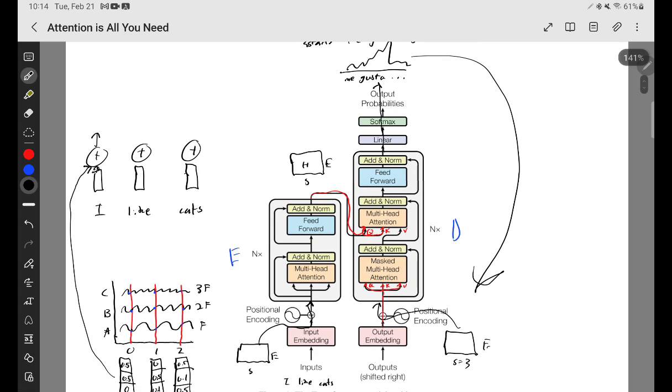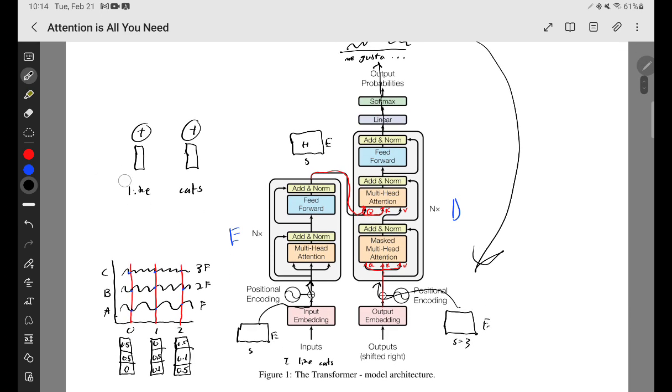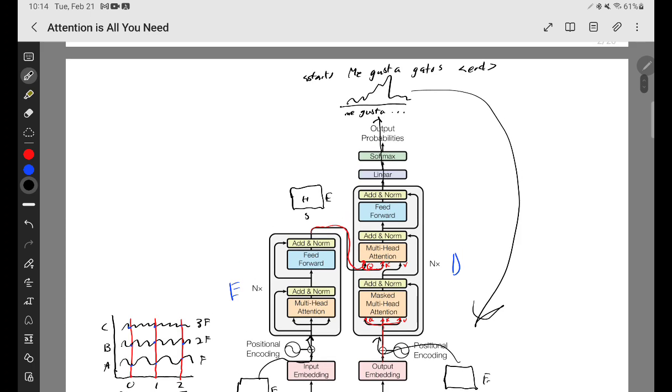A better diagram would look like so, where we have the 3 vectors. That'll be I, like, cats.